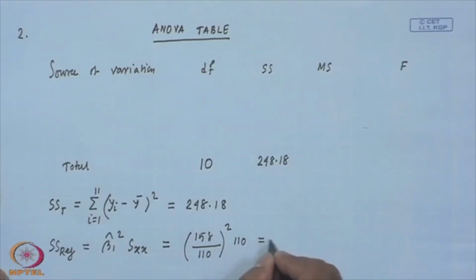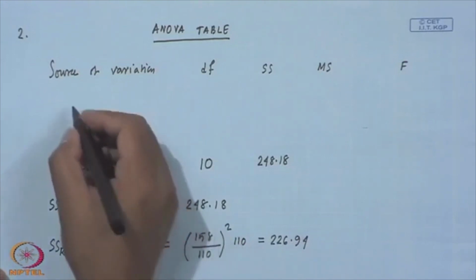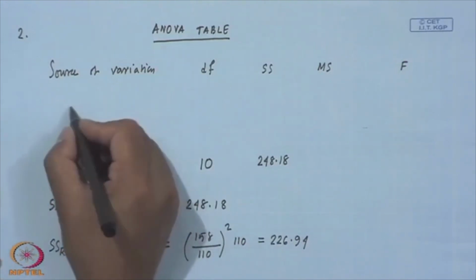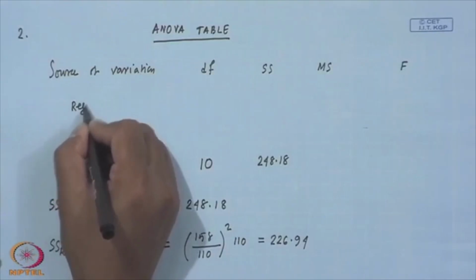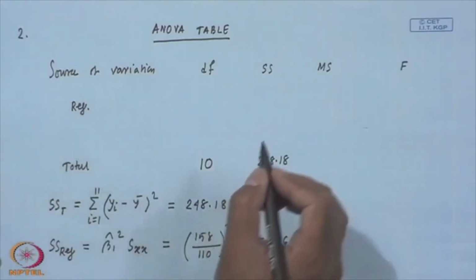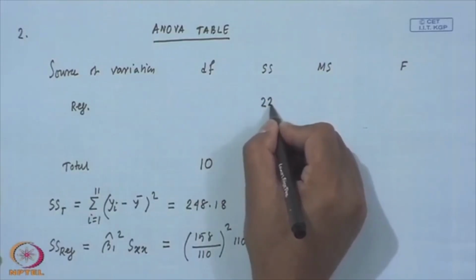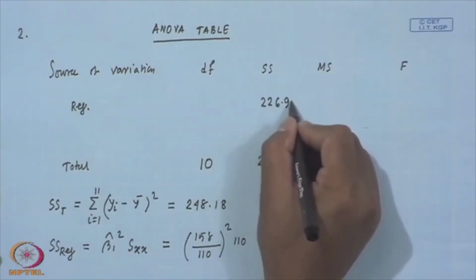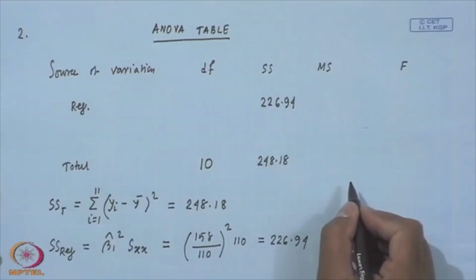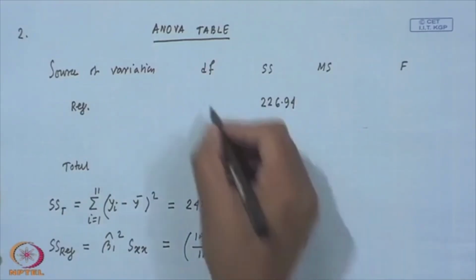So, this is equal to 226.94. Well, so this is regression here, and the SS regression is 226.94, and the degree of freedom here.